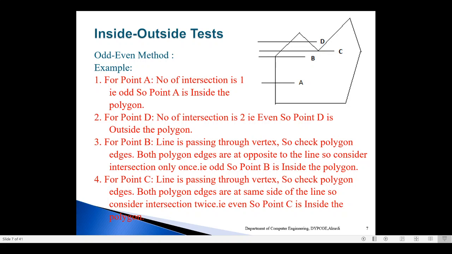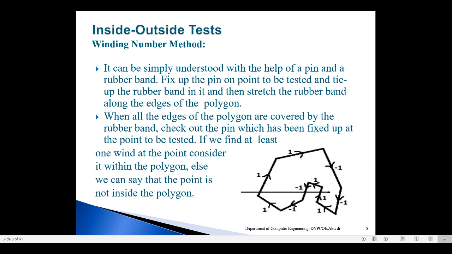Then there is another method also, that is winding number method. So again this method we can use for convex as well as concave polygon. Here you can see one concave polygon. So both tests we can use for concave as well as convex polygon. So what is the concept of this method?